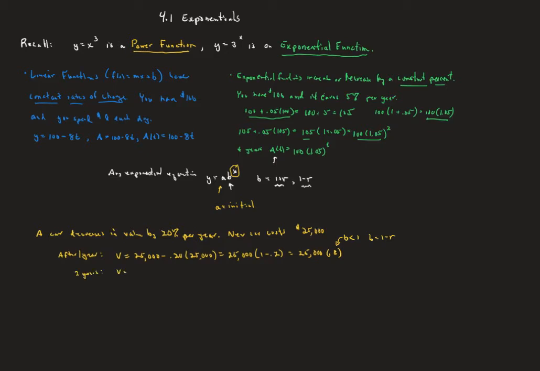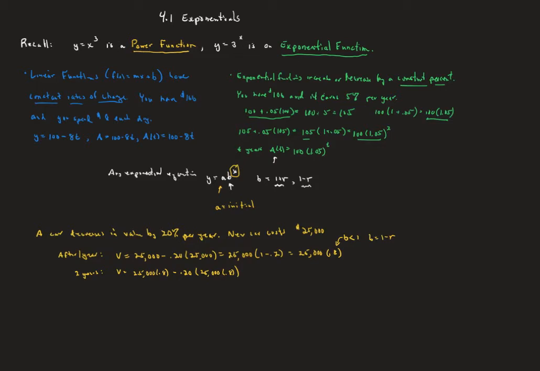The value will be that 25,000 times 0.8, that's what it was after the end of the first year, and then we're going to lose 20% more of that 25,000 times 0.8. Kind of hard to write that.